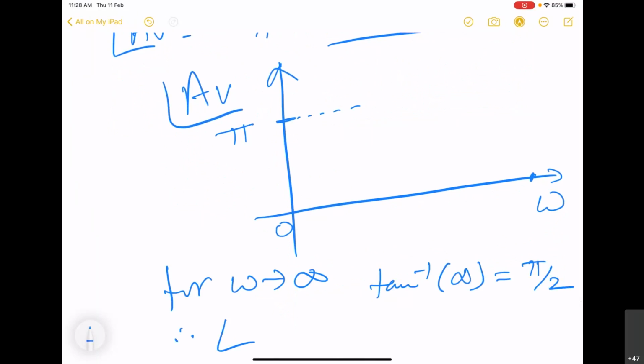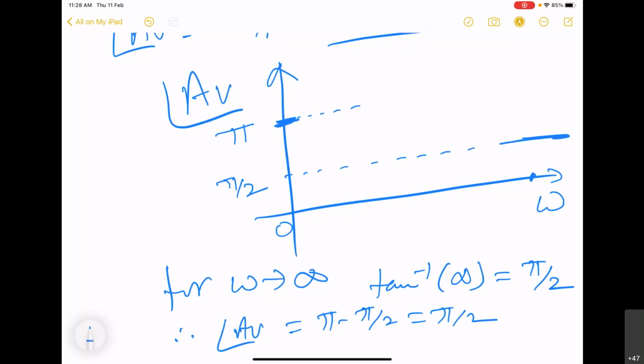Therefore the phase is going to be pi minus pi by 2, which is pi by 2. So the minimum phase that one will obtain is pi by 2, and this will occur at infinity. This curve will start from here and touch the pi by 2 line for infinite omega. So it will be something like this.